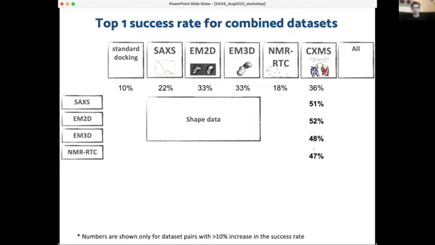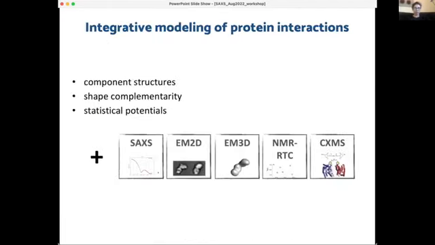And this combination brought us the correct model to be top scoring in 50% of the cases. So SAXS goes very well with crosslinks. So basically, if you can get a single data set, try EM probably. With 2 data sets, you can get SAXS and crosslinks. Both are very fast experiments.